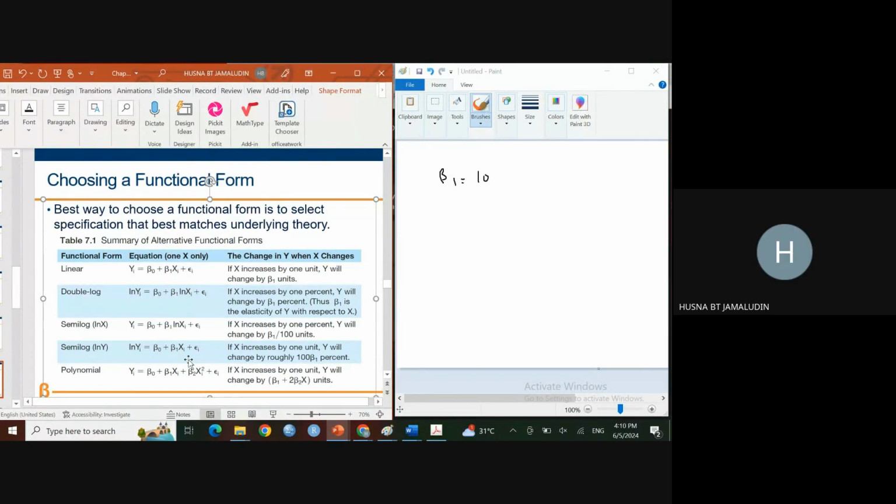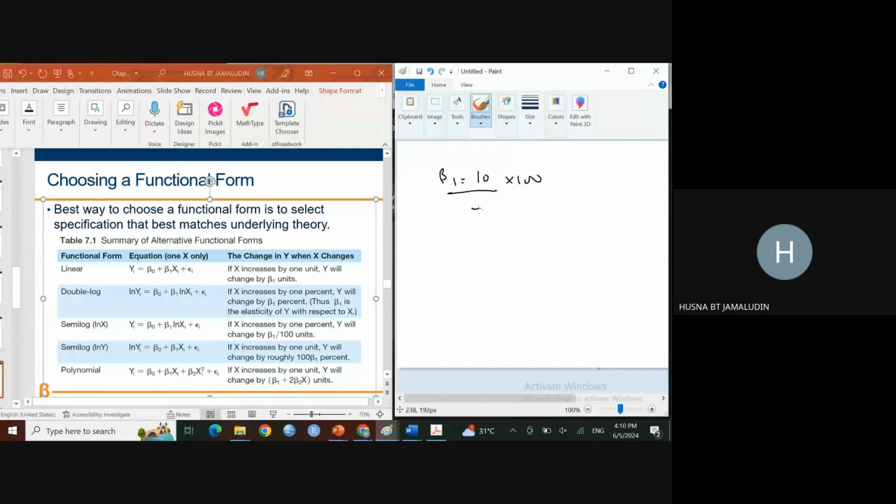Okay, so it says that if x increased by 1 unit, because there is no log in the independent variable, y will increase by, with the value of your beta 1 being 10, you have to multiply your beta 1 by 100.